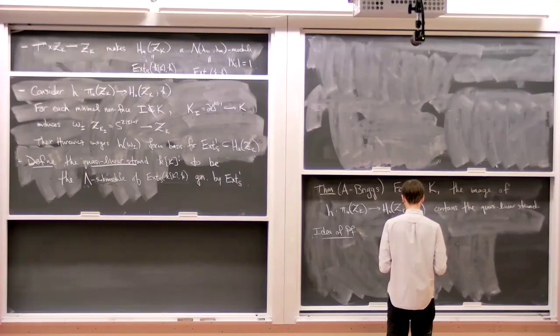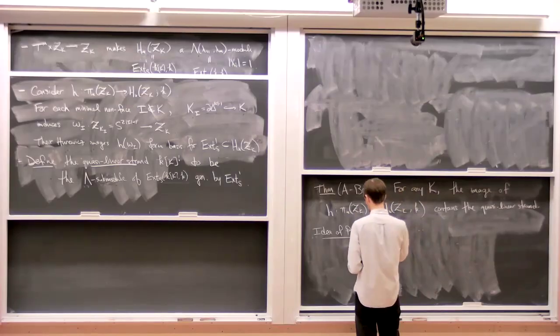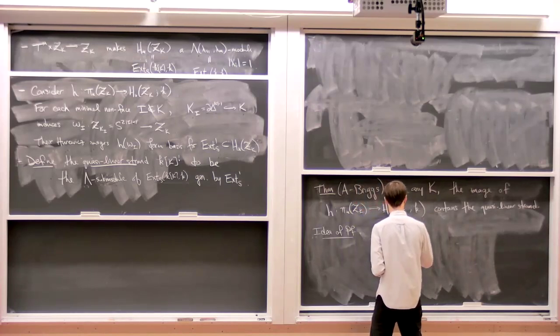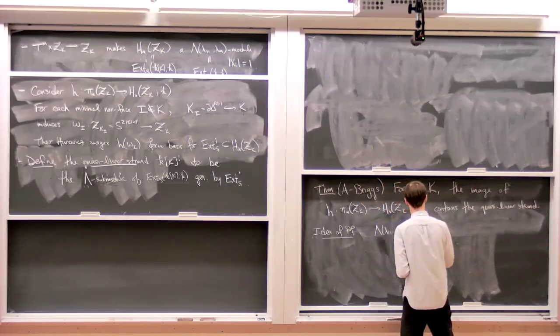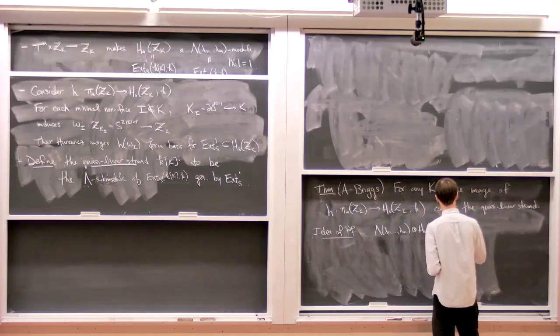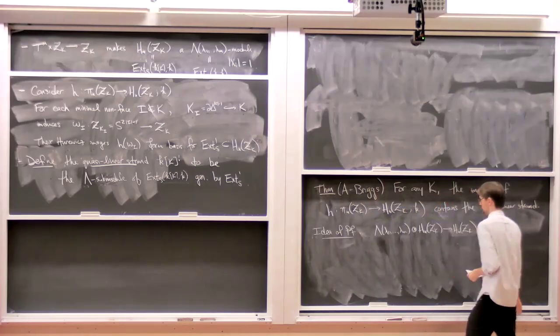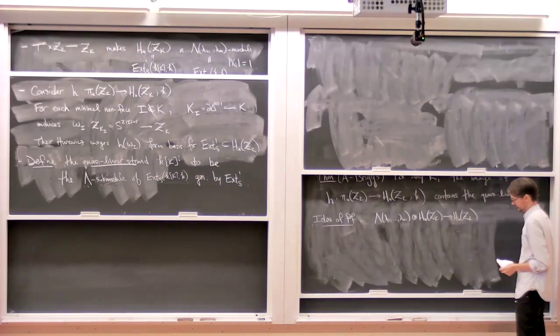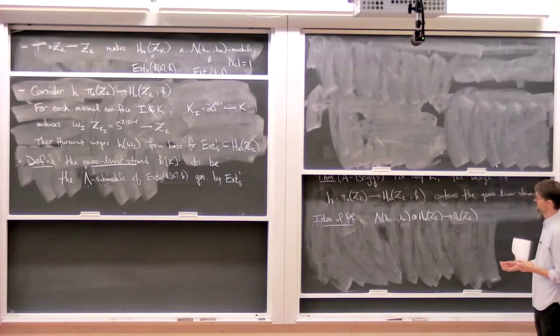Okay, so the idea I think is simple. I'm not going to write much here, but it uses just a little bit of structure. We have this lambda module structure, first of all, on homology. And we have Whitehead products in homotopy.